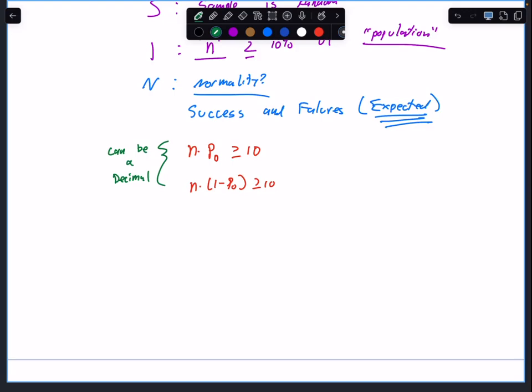I kept saying that because it was how many successes were found in your sample. That's not what we're seeing here. Because the idea is before we actually collect the data, before we actually look at the data, how many successes will I expect to find in my sample? How many failures will I expect to find? So slight change. It's not P hat, it's not P, because we don't even know P. We don't know what P hat is yet.